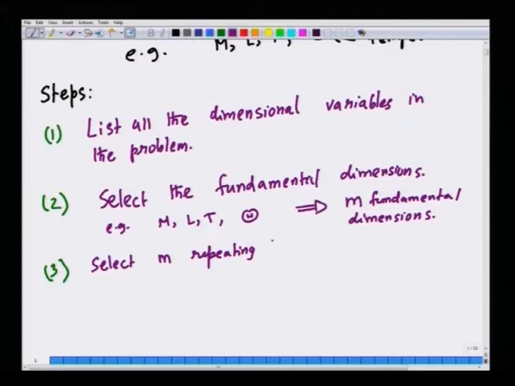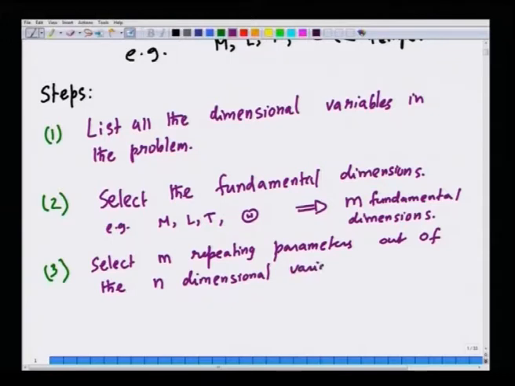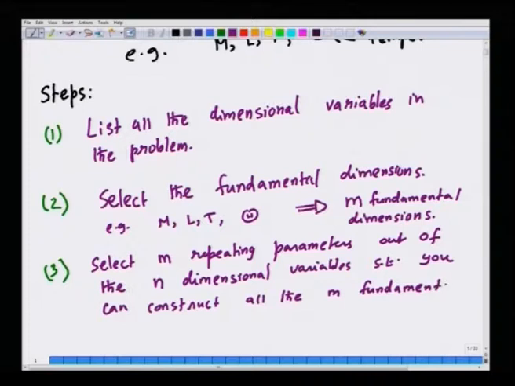You have to select m repeating parameters or variables, dimensional parameters out of the n dimensional variables, such that you can construct all the m fundamental dimensions in terms of these variables, in terms of the repeating variables. I will illustrate this soon with an example.